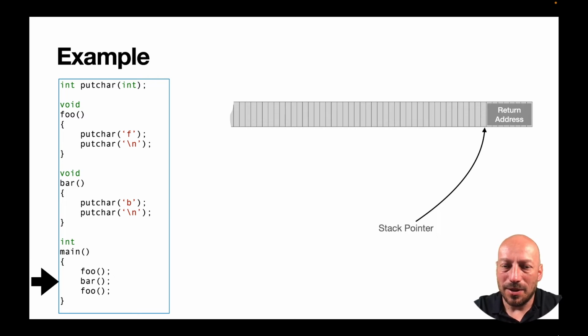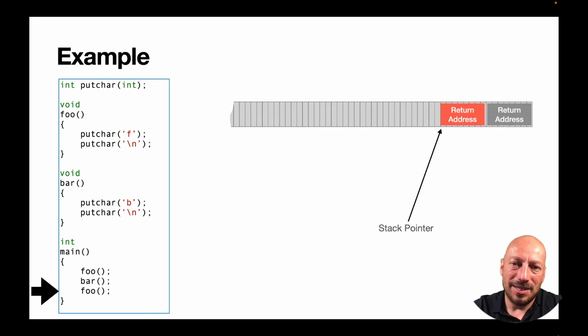So calling function bar again means decrement the stack pointer, store the return address there, then jump to this function bar. Then these statements there will be executed. And after that, it jumps back after incrementing again, of course, the stack pointer. And then we have this second call of function foo, which again means decrementing the stack pointer, storing the return address, jumping to this function, executing these statements.